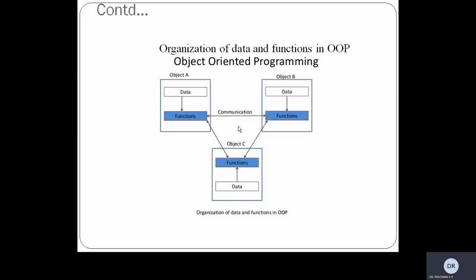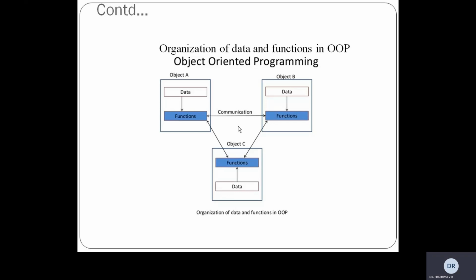Now here I have three objects which are related with the necessary functions. You could observe object A has data, and object A again has its own functions which are defined by the respective classes. Similarly, I have an object B which has its own data and the necessary functions, and an object C with the necessary data and functions.